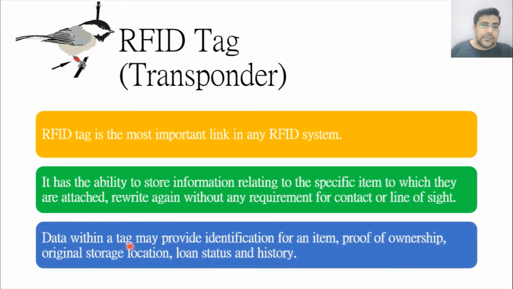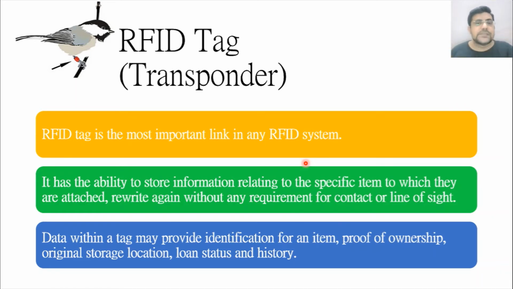Data within a tag may provide identification for an item, proof of ownership, original storage location, and loan status and history. So this is what the tag does. And this ability is not available with any tag besides the RFID tag, such as those used in electronic article surveillance security systems, the RF tag, the EM tag, or some other tags.